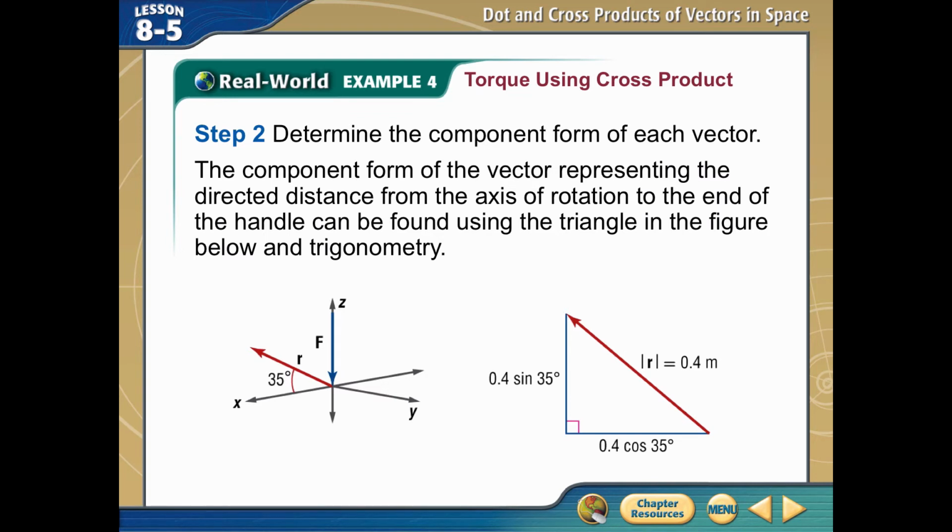So both vectors are in the XZ plane. So orthogonal to both of those, our torque vector should just have a Y component. So if we've done it right, we'll end up with just a Y component because it has to be orthogonal to the plane that contains XZ. So this is the wrench and this is the force.